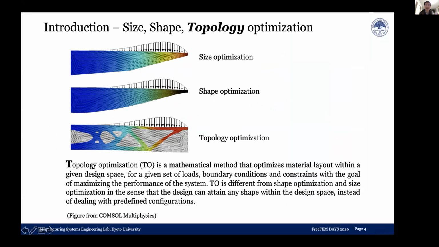The TO technique is actually the youngest one among the three, and it is a mathematical method that optimizes the material layout within a given design space for a given set of loads, boundary conditions, and constraints, with the goal of maximizing the functional performance of the system. So with the TO technique, we can get any shape within the design space instead of dealing with predefined configurations.